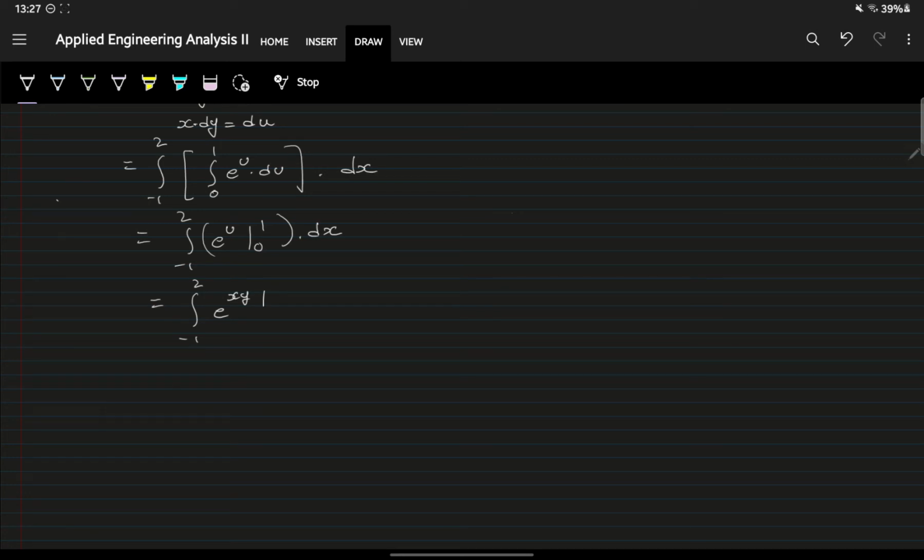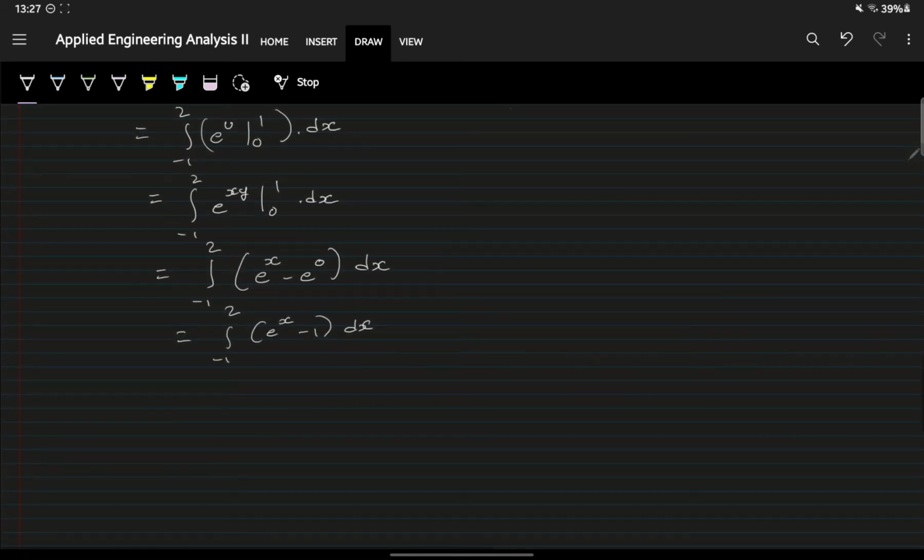Change it back to xy. Now let's integrate it with respect to x, and this becomes e power x minus x, between minus 1 and 2.